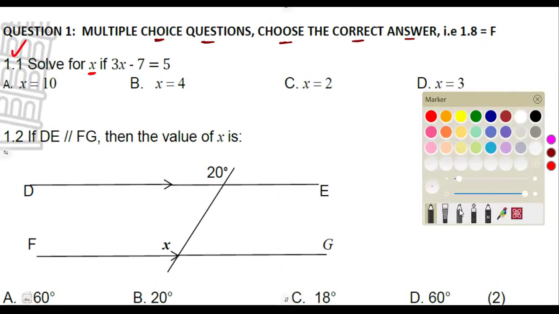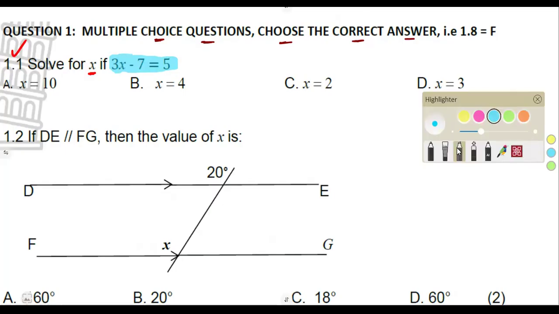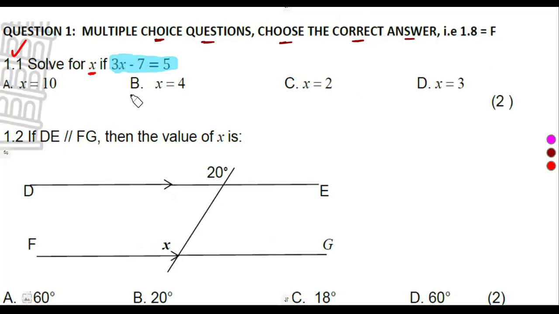Solve for X. We have an equation. Remember, we dealt with our equations in this term. So you must understand that we have got a linear equation. 3x minus 7 is equal to 5. Let us solve for X. How to solve? Okay, there is a minus 7.